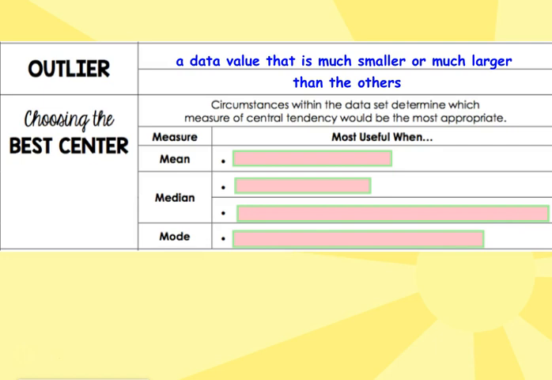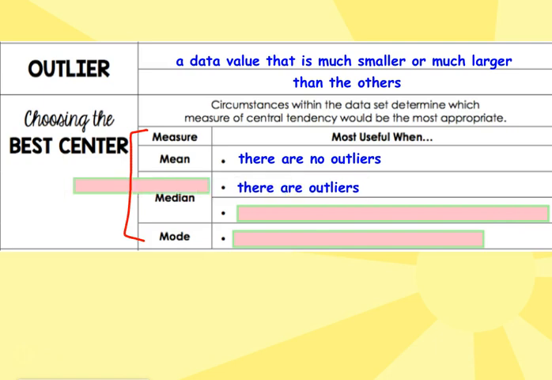If you do have a bunch of outliers, we have some tips to decide which one of our measures of center would be the best way to describe that data set. So, if you were given no outliers, all of your numbers are super close together, the best measure of center would be your mean. It would be the most accurate to represent all of those numbers.